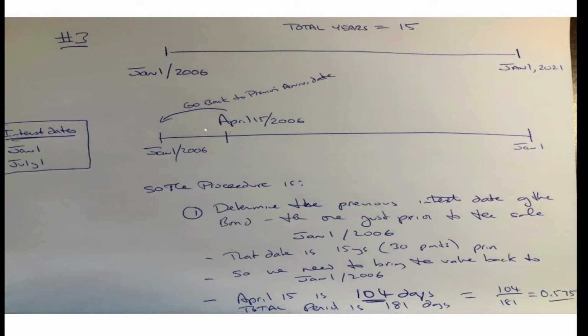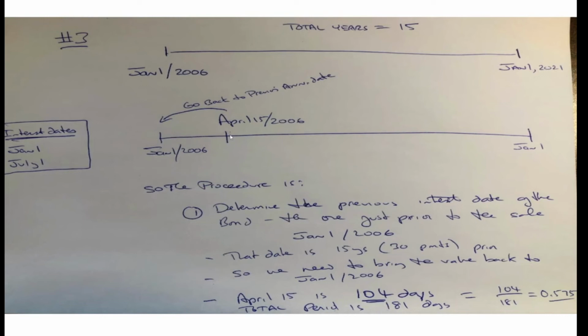Now the next question then is, how far along is April 15th into this January 1st period? And that January 1st period runs through until July 1st of 2006, which is the beginning of the next period, and so on. So we ask ourselves, how many days? Well, April 15th is 104 days away, or in front of January 1st.